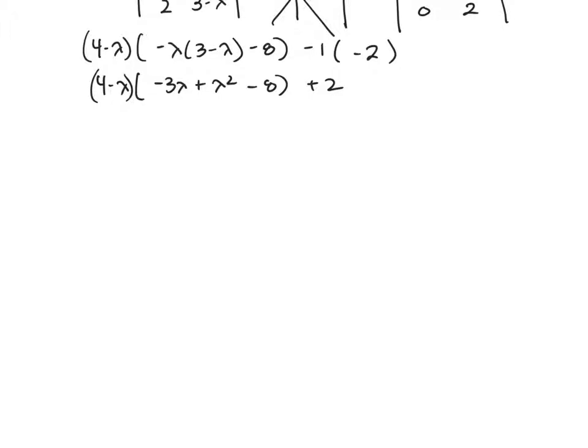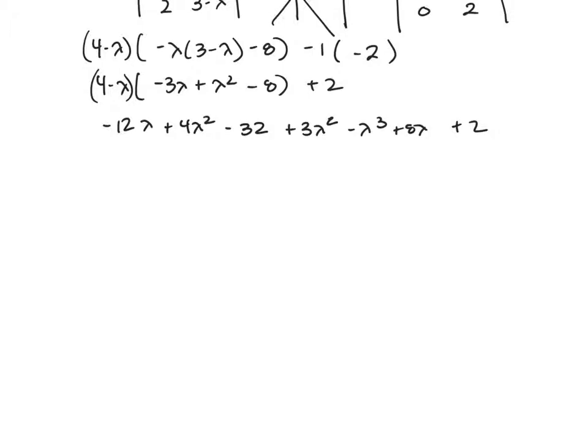And distributing, that is -12 lambda plus 4 lambda squared minus 32 plus 3 lambda squared minus lambda cubed plus 8 lambda plus 2.